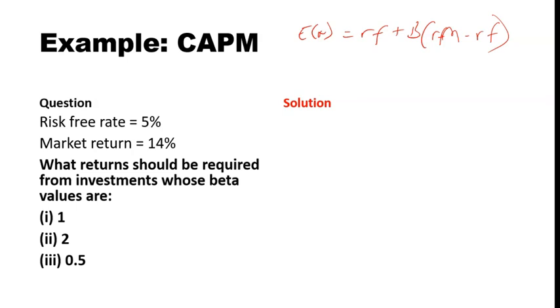Here we are given RF as 5%, plus the beta. For part 1, the beta is 1, so 1 multiplied by RM, that is 14% minus 5%. And here we get 14%.